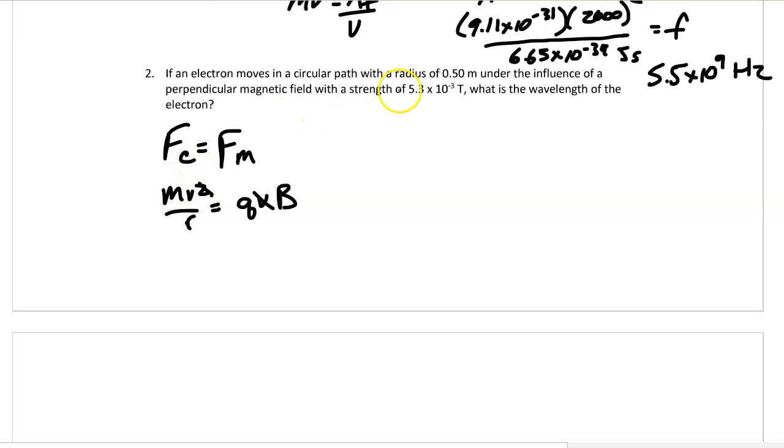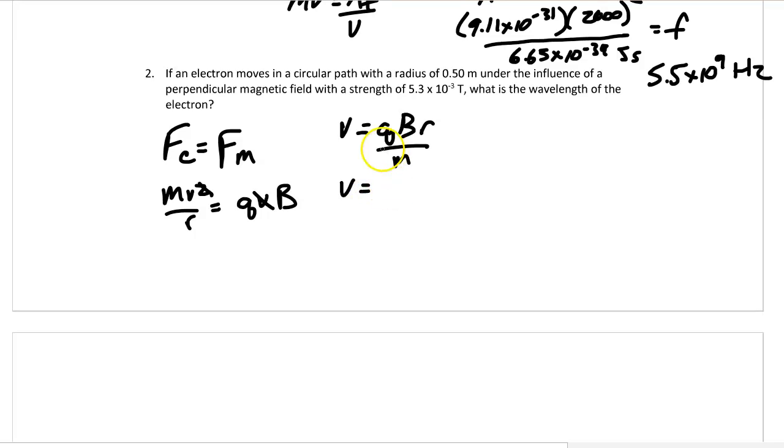We're looking for the wavelength of the electron, and so we're going to do some manipulating here. Really what we're going to do is first of all find out the speed of it. And so v is equal to qBr over m.